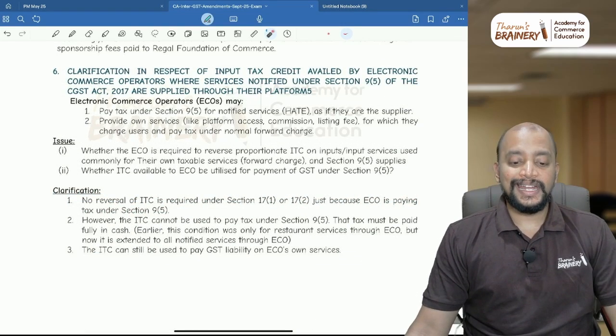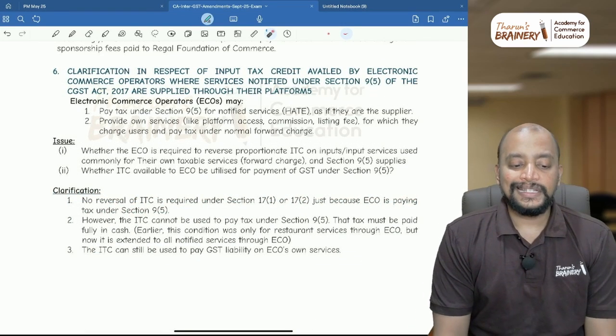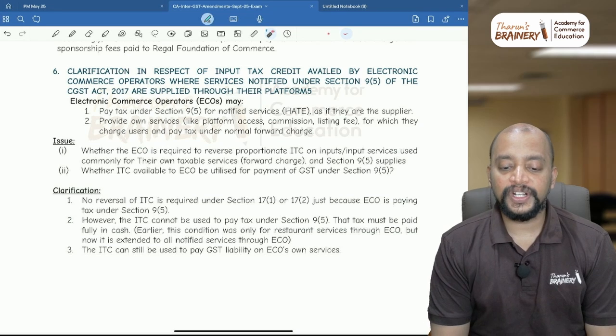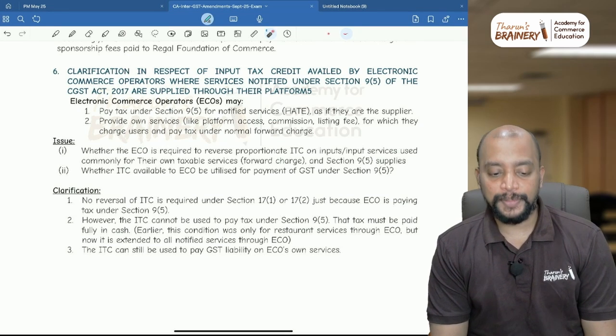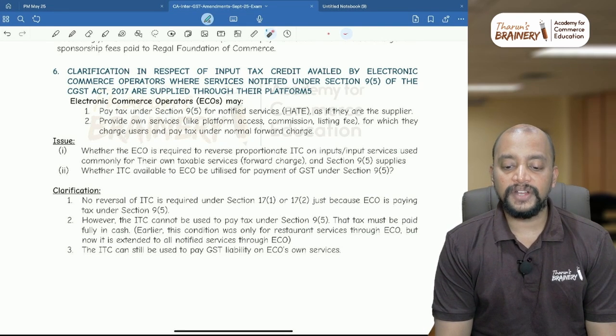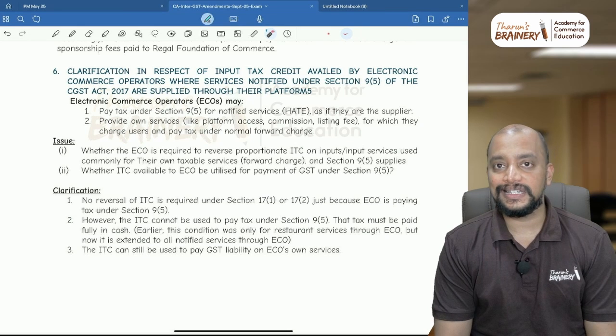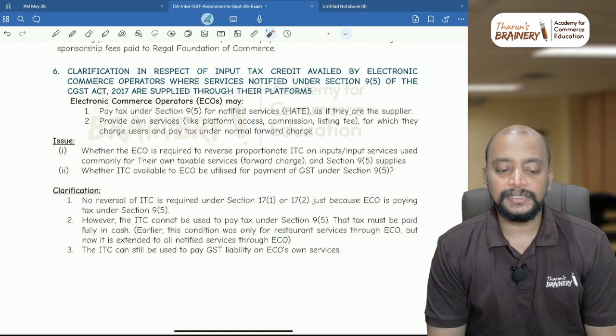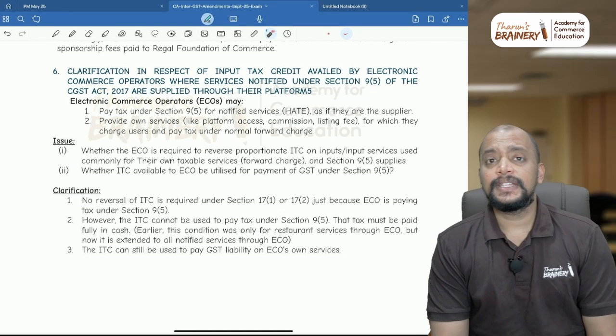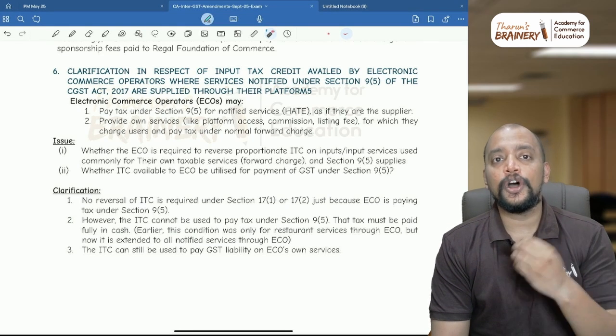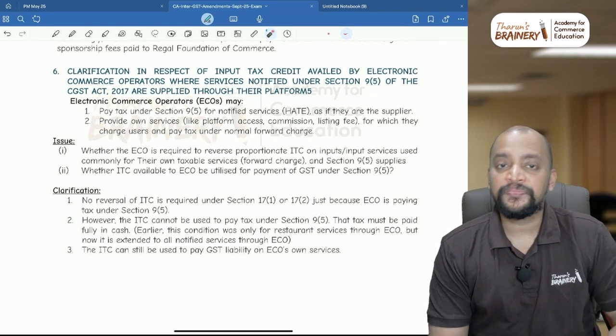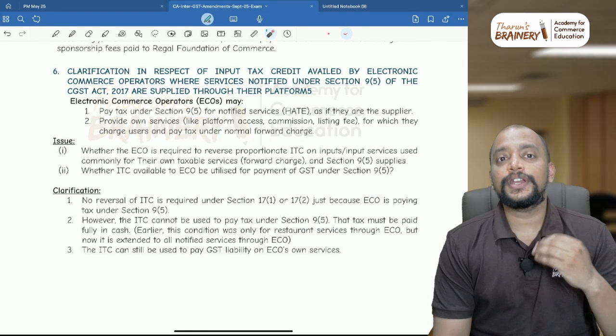So we are moving on to the next amendment here, that is clarification in respect of input tax credit availed by e-commerce operator where services are notified under section 9(5) of the CGST Act. Basically here, whenever the services are supplied through e-commerce operator, that is under 9(5), the liability to pay GST is on the e-commerce operator.